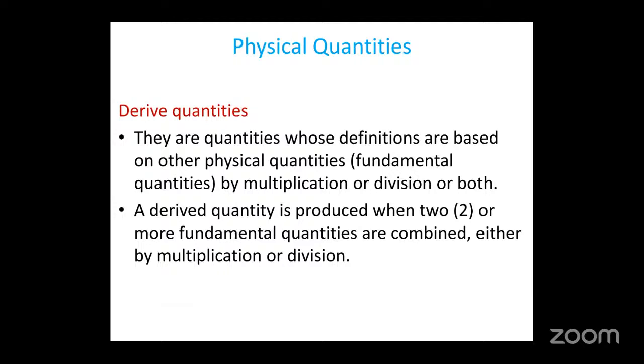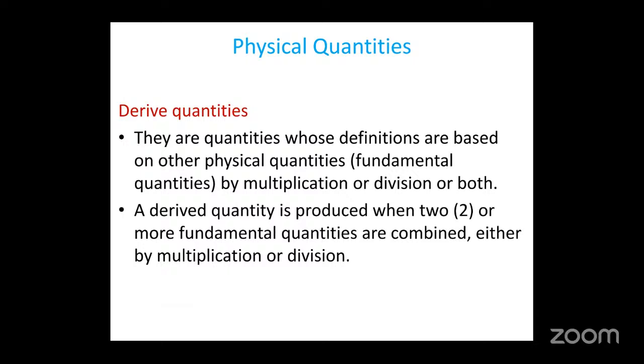They are derived from the fundamental quantities by multiplying 2 or more fundamental quantities, or by dividing 2 or more fundamental quantities, or multiplying and dividing 2 or more fundamental quantities.